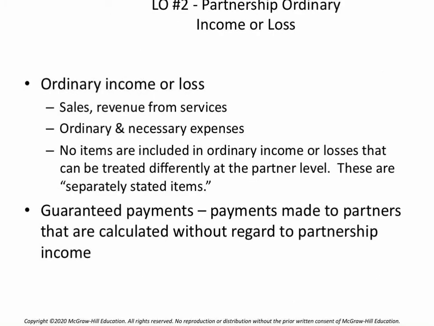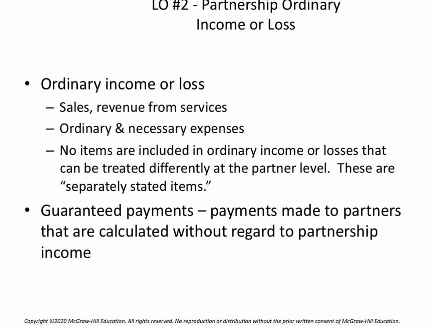Learning objective 2, partnership ordinary income or loss. So the ordinary income that a partnership receives is going to be based on what you typically think of in a business venture. So we're going to have sales or revenue from service, and we're going to have ordinary necessary expenses that are included in that venture.